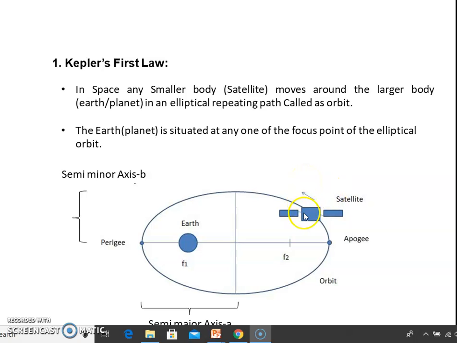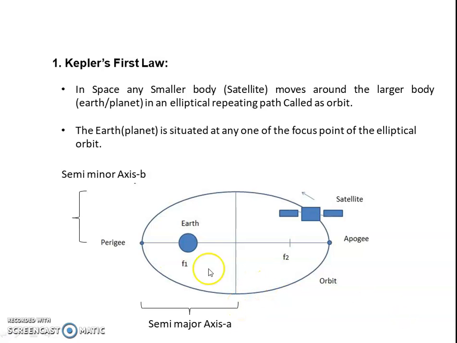Here in this elliptical orbit, this is our major axis, and half of this is called the semi-major axis, which is generally denoted by a, whereas this horizontal line shows the minor axis, and half of this is the semi-minor axis, which is denoted by b.